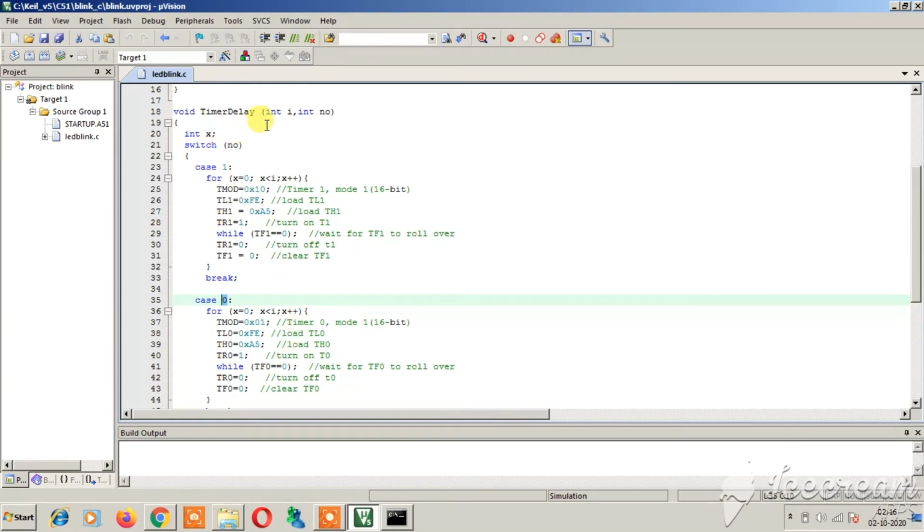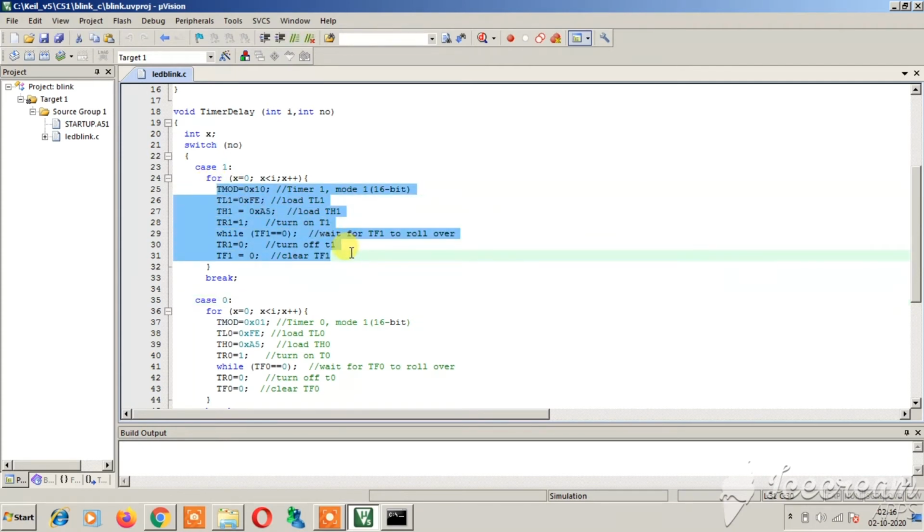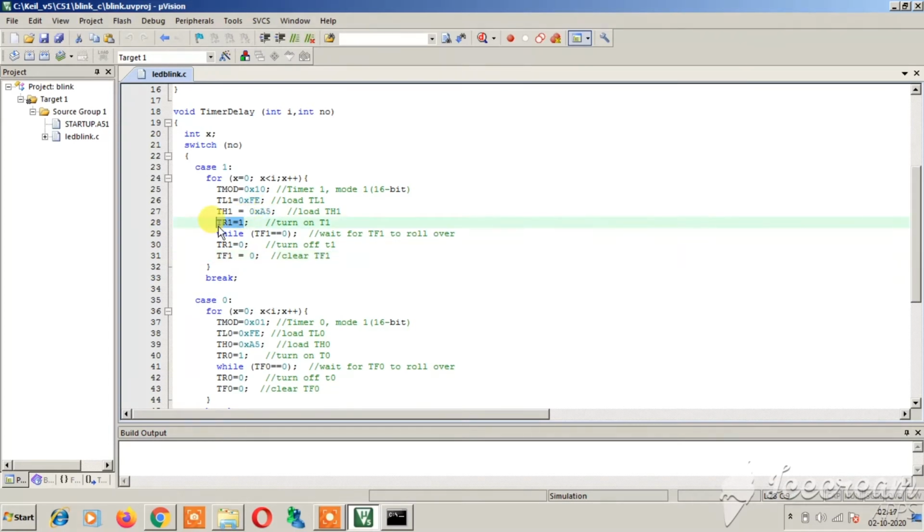So what this loop does is that, firstly, TMOD, I am taking timer 1 here and timer 1 code here. So TMOD is 0x10, means 16-bit mode for timer 1, TL1 is loaded with FE and TH1 is loaded with A5. So the word A5FE is the total word. Turn on T1 means TR1 equal to 1. So on TR1 equal to 1, the timer starts.